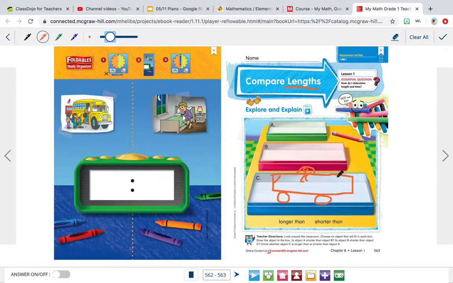In box B, I'm going to draw some Legos. So 1, here's my Lego. 2, there's my other Lego. And I'm going to change color. So 3.